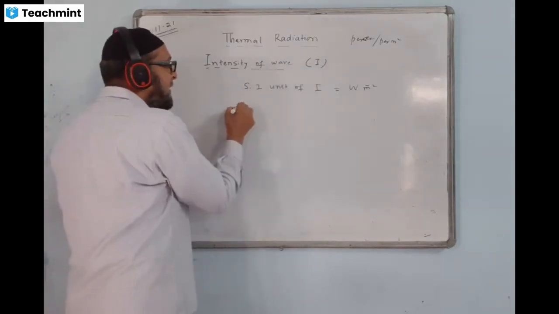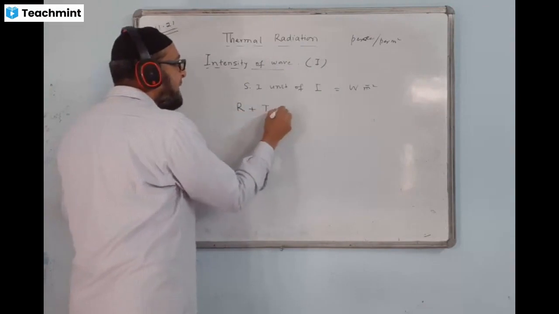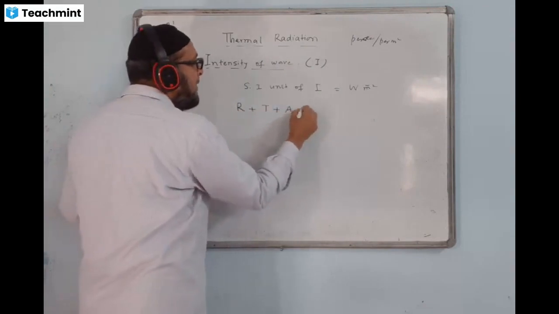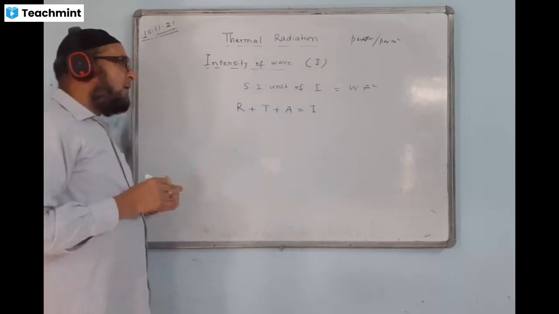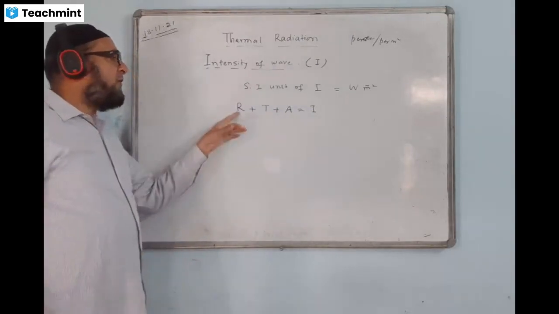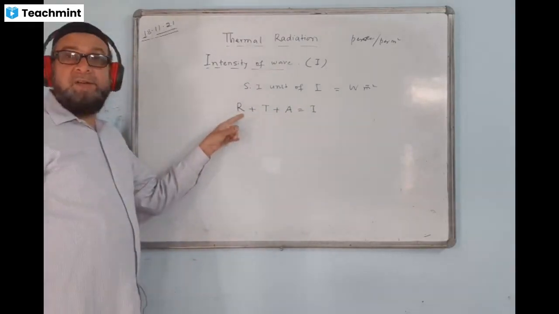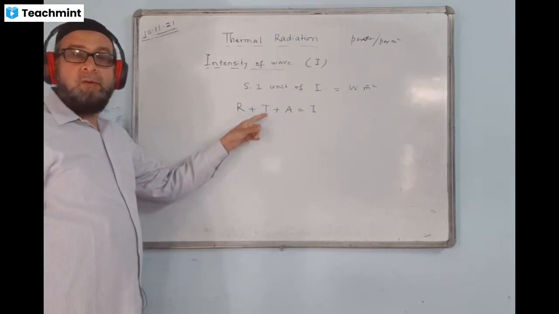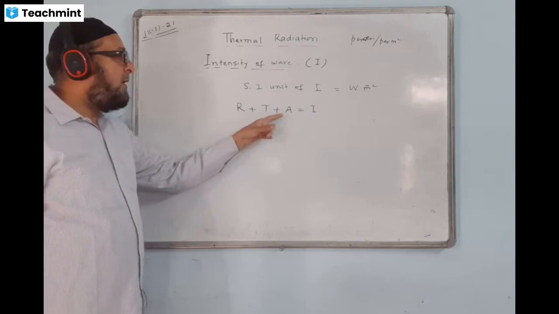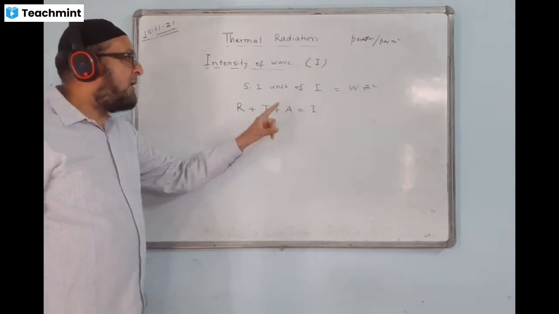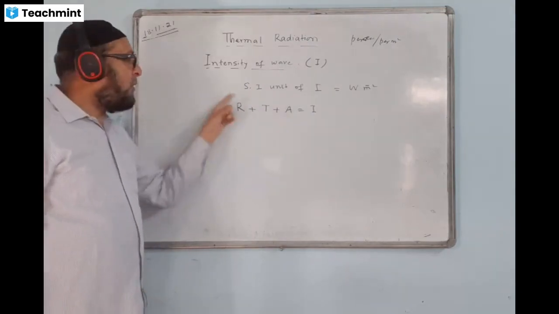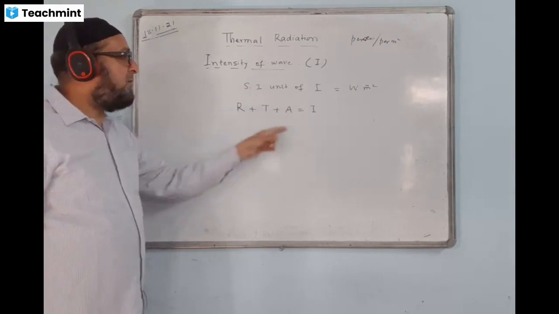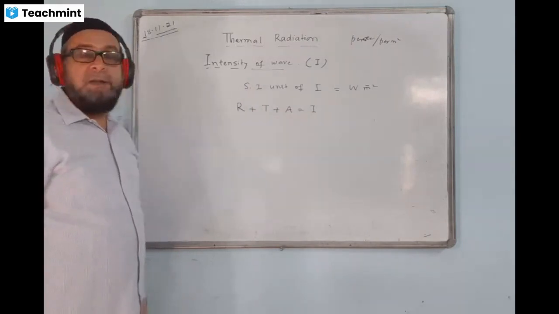So we write like this: R plus T plus A equal to I. R stands for reflected, T stands for transmitted, A for absorbed. The total amount of all these radiations will be equal to the intensity.